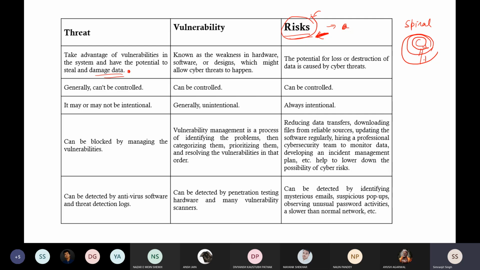Vulnerability is known as a weakness in the hardware, which might allow cyber threats to happen. The difference between a threat and a vulnerability, I'll give you one point: the vulnerability is unintentional, so you do not know about it. Threats can be intentional or unintentional, because there may be some things you are keeping in the system due to which a threat can arise.